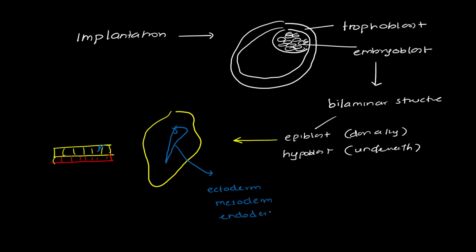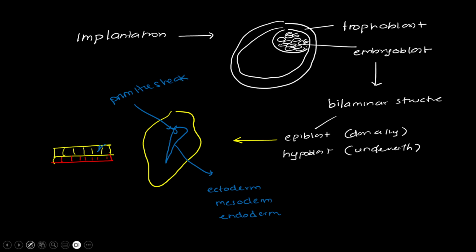So in fact, these three germ layers that are formed after the second week or within the third week are formed by the cells that are migrating from the epiblast, the dorsal layer. It migrates from the structure which is known as the primitive streak.